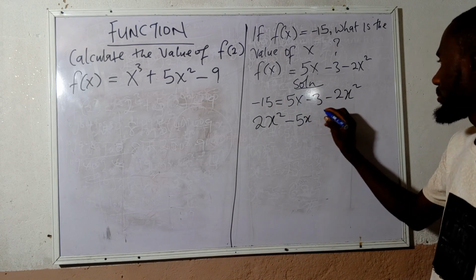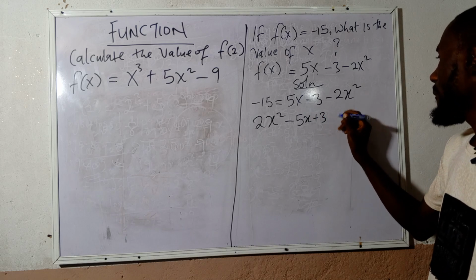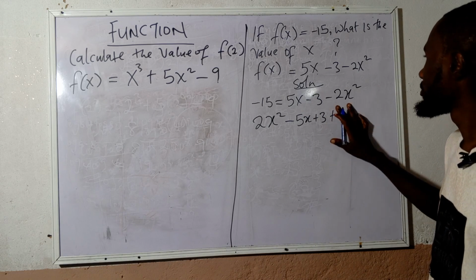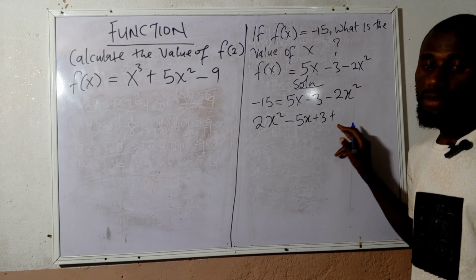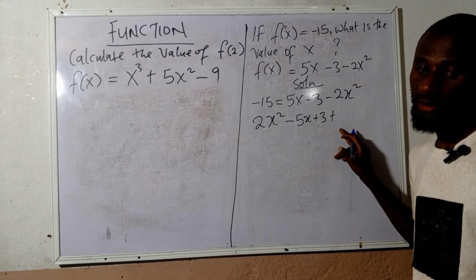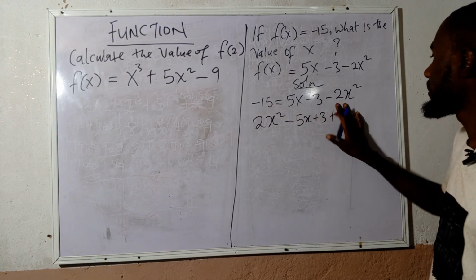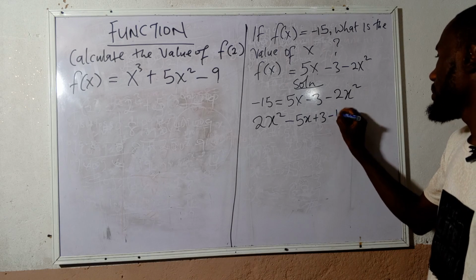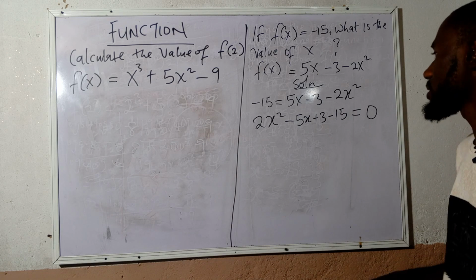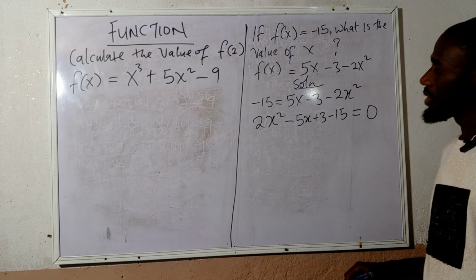This will be plus 3, we take plus 3, then we take minus 15, which will remain here. Minus 15 is equal to 0. I hope we take everything to the left hand side.